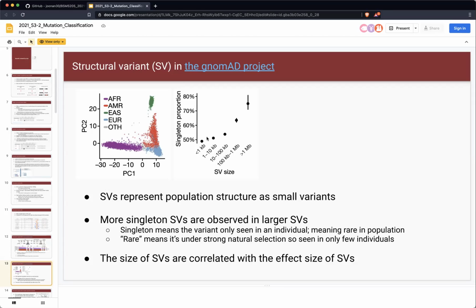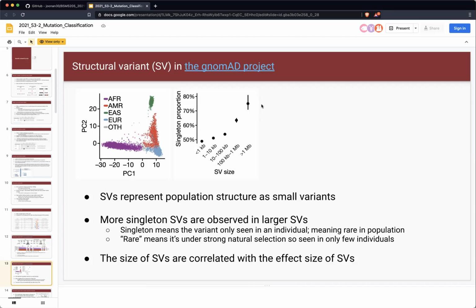If you look at the proportion of singletons across size, you can see that the largest one has the highest singleton proportion in the data set. The reason is the same as I explained for natural selection: the large one probably has a larger impact on the trait, so it's unlikely to be transmitted to the next generation because of natural selection, right?